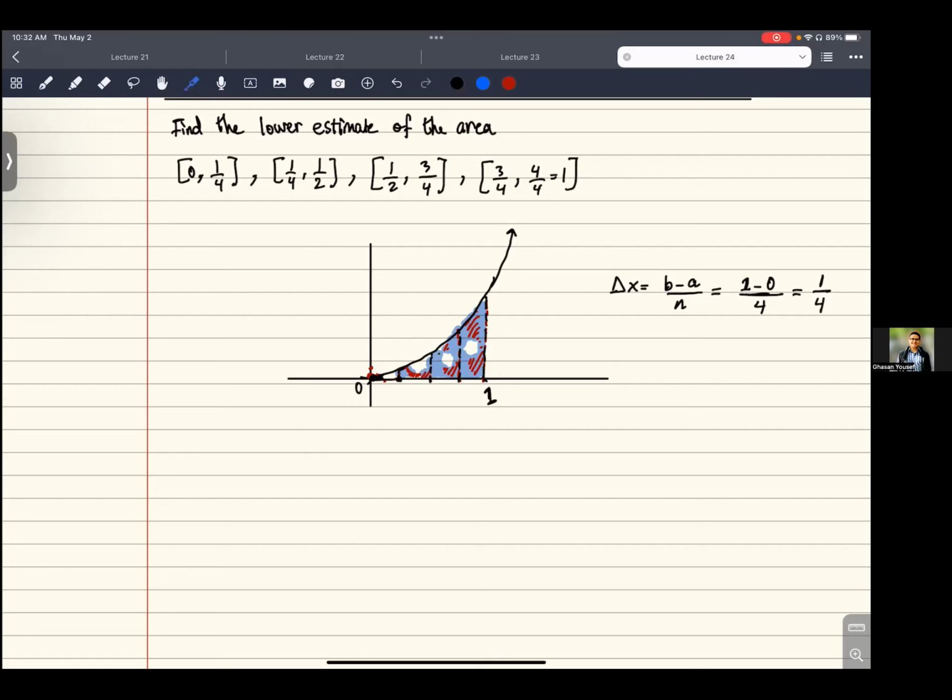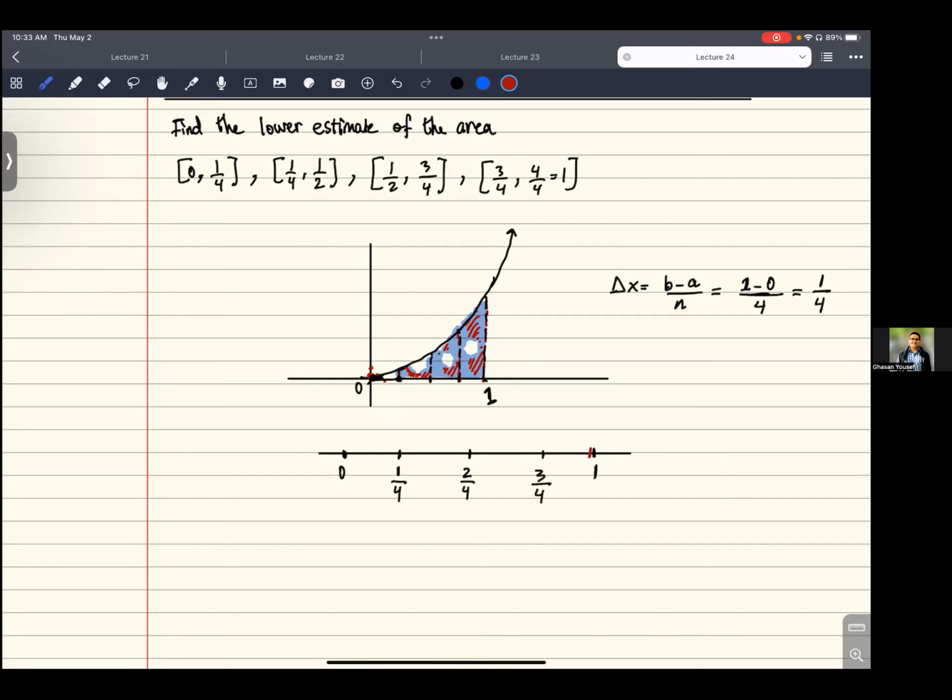Now the endpoint is the left endpoint. So this is the first interval. I'm going to divide it into the intervals like this. This is 0 up to 1. Here's 1/2 or 2/4. Here's 1/4. Here's 3/4.